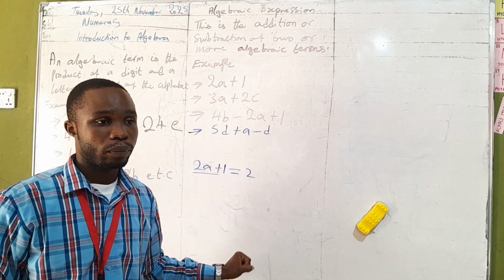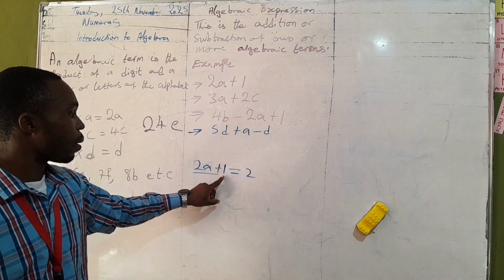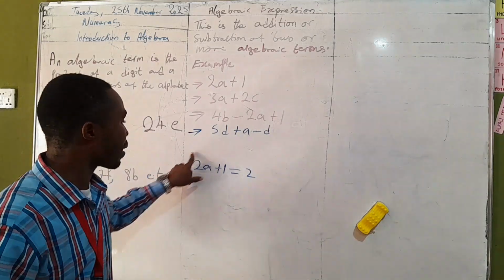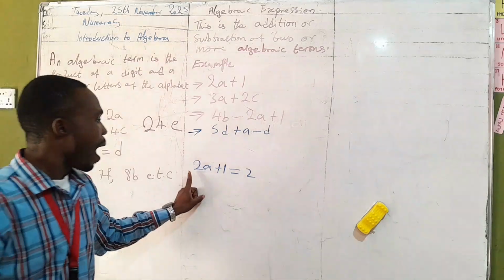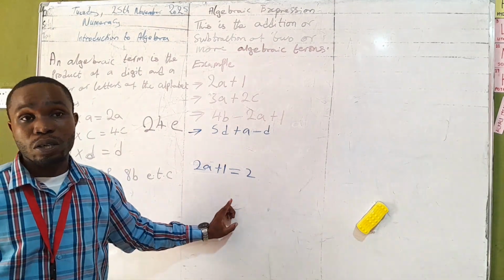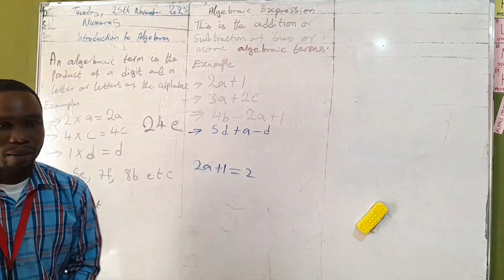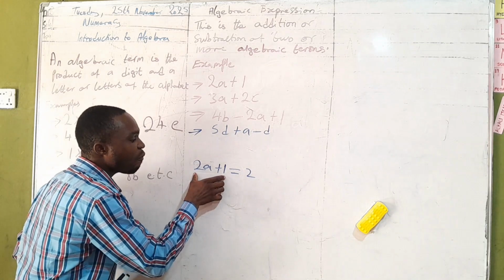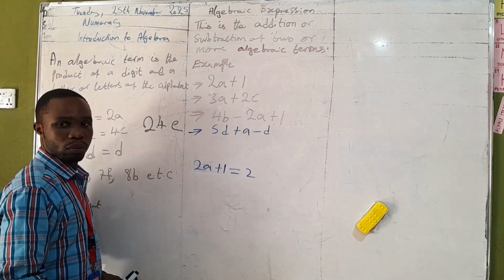Why do you not add the one that is there? The one that is where? This one? Add to where? This is a mathematical statement as it is. Are we together? Yes. As this thing is, it is a mathematical statement that requires you to solve. Now, what this mathematical statement means is that everything that is here is equal to 2.